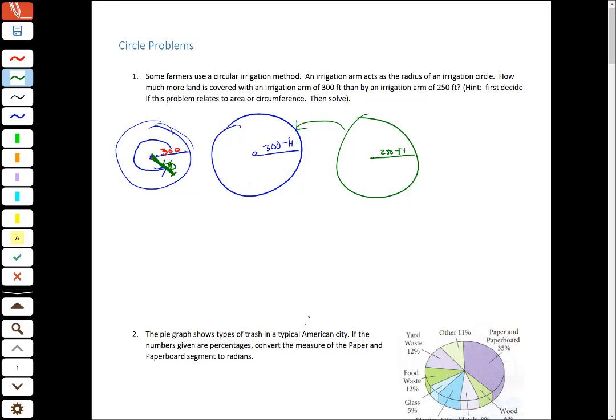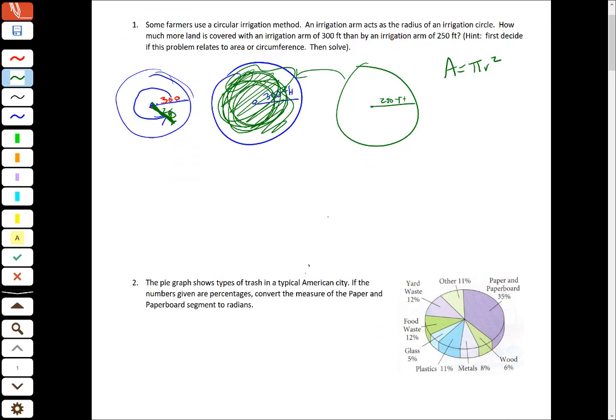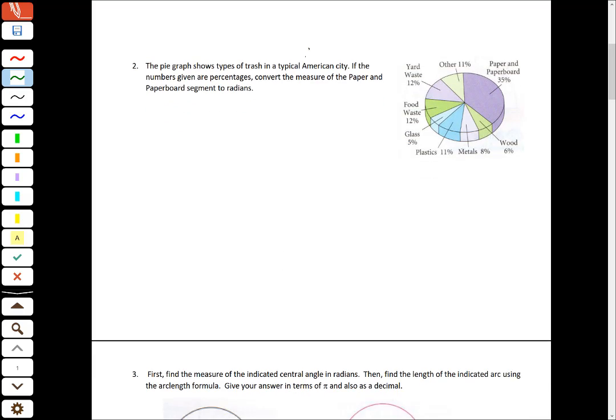So this is a question of area because the water covers and waters all of the crops inside the circle. So the translation of this question is which one of these circles, obviously the 300-foot radius, has a bigger area, and the question is how much bigger is it? So I'll let y'all do that, but you should use area of a circle is pi r squared, calculate two areas, and move forward, right?